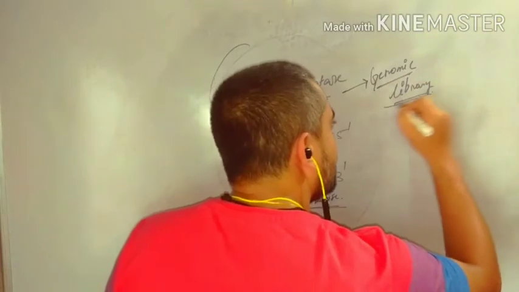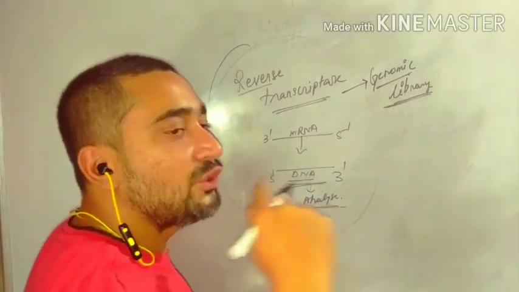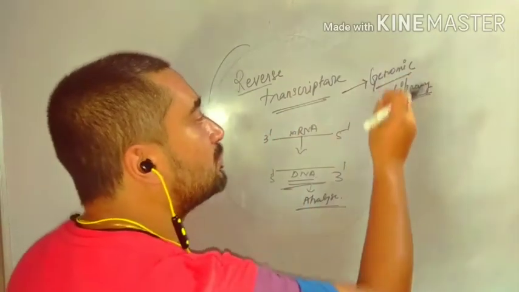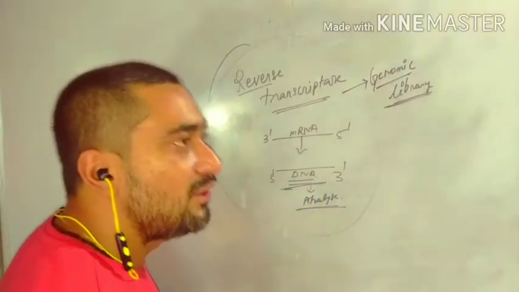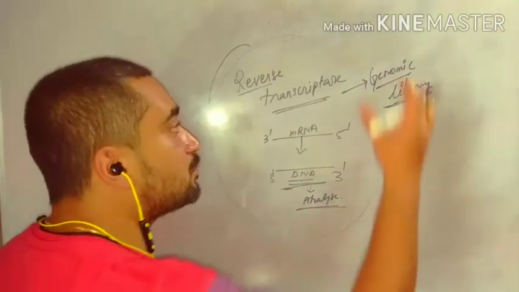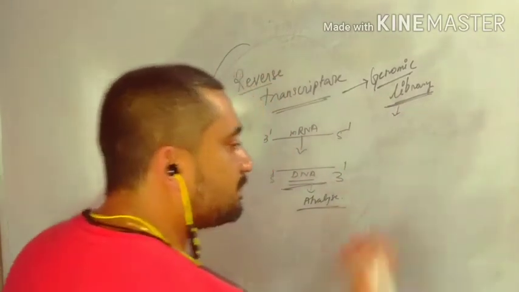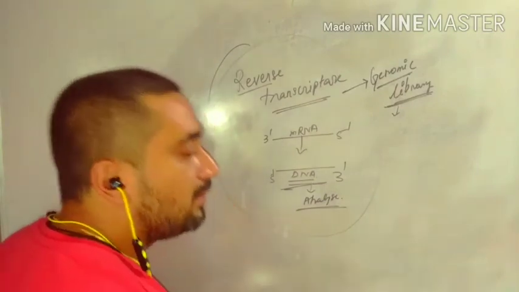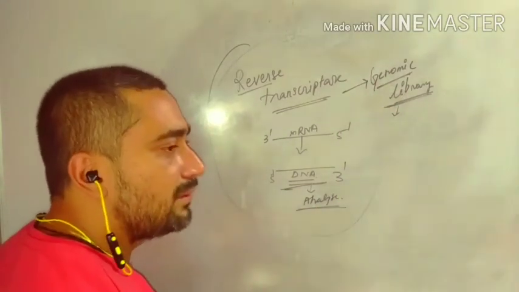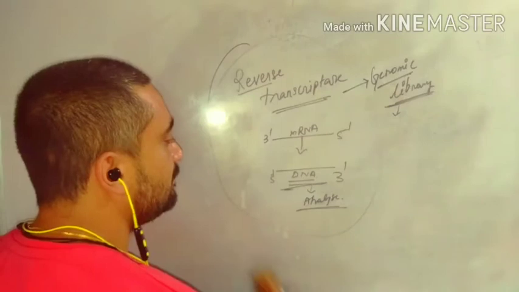It is a library in which we have stored the information of DNA, the total genomic structure of any organism. That is, what sequences are there, and what genes are responsible for producing various kinds of products, proteins, etc. Yes, definitely we can access it. There are some specialized websites by which we can access this genomic library. Though it is not for all, we have some websites like NCBI, for example. So these are the things.